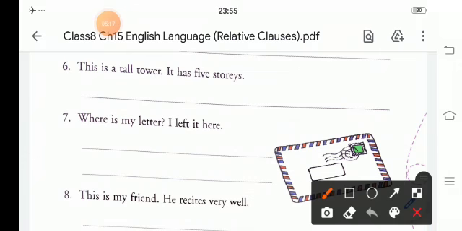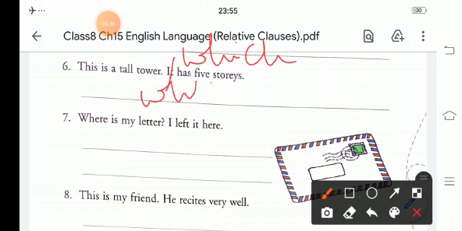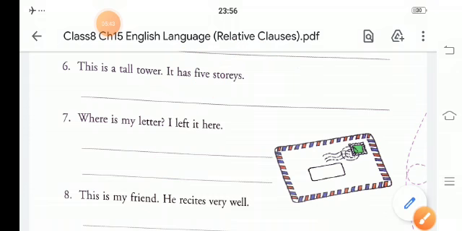It is the tall tower which has 5 stories. Where is my letter? I left it here. Where is my letter which I left here? This is my friend. He recites very well. This is my friend who recites very well.